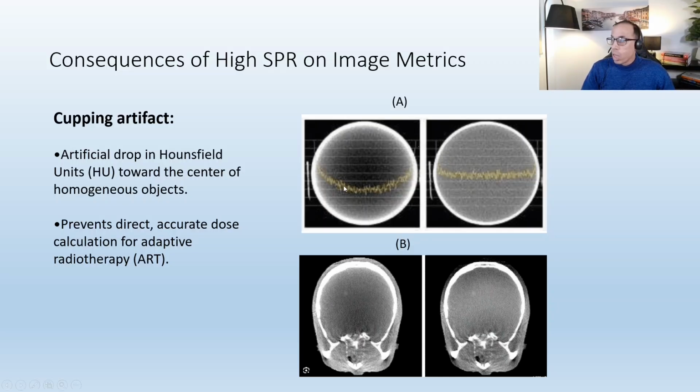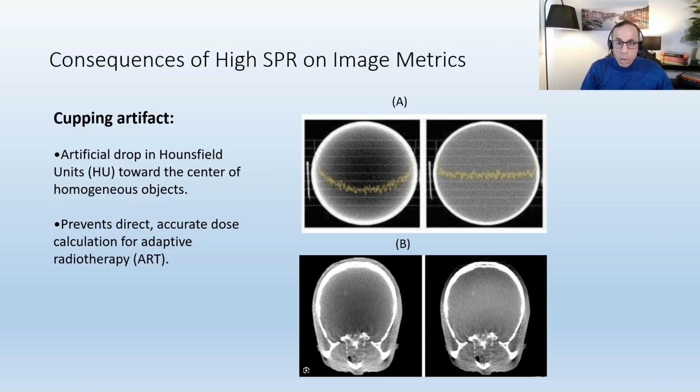It shows the CT numbers going from here to here. As you can see, the CT number goes down here, but in the CBCT image where the cupping artifact has been removed, you can see we have a uniform CT number. Yes, we have some noise, but the CT number is the same.